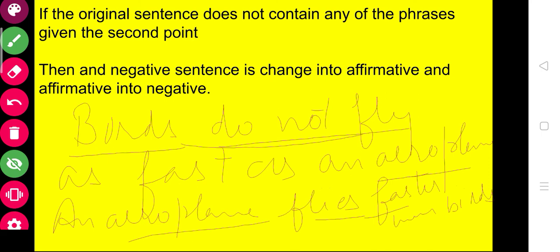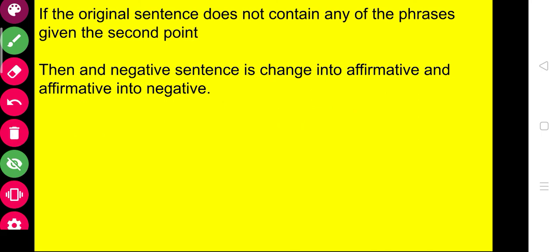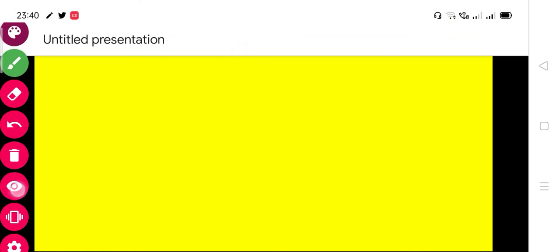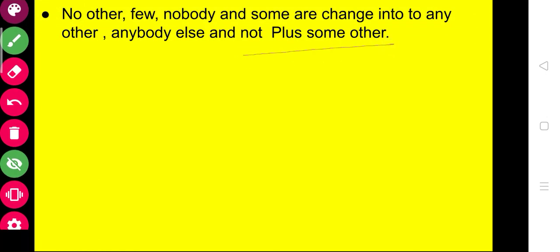Here I just want to make one statement by the use of some, because I mentioned that not some other or something was there. In the previous slide, let's go to the previous slide first. Here, not plus, it was there not plus some other. Then that's why we are going to write a statement here.